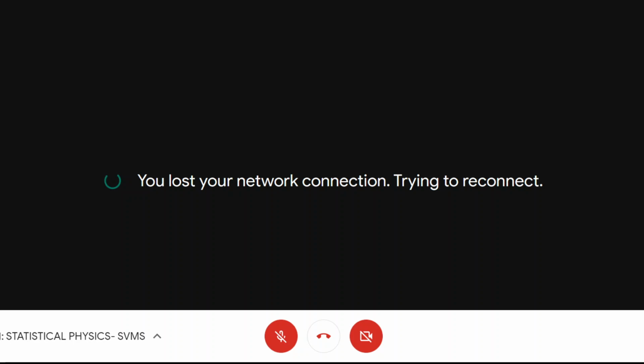Okay, and what about my du? du is equal to minus 1 by (e to the power beta (epsilon minus mu) plus 1) the whole square into e to the power beta (epsilon minus mu) into beta. Correct?